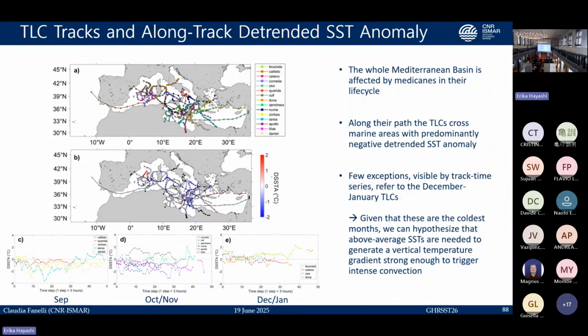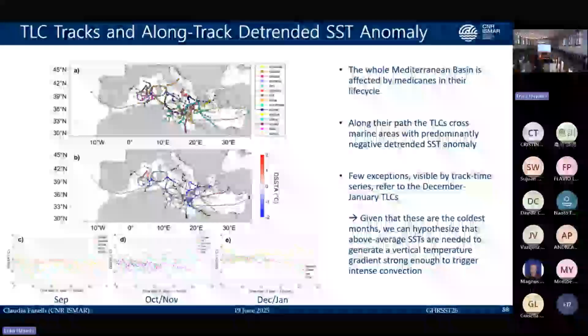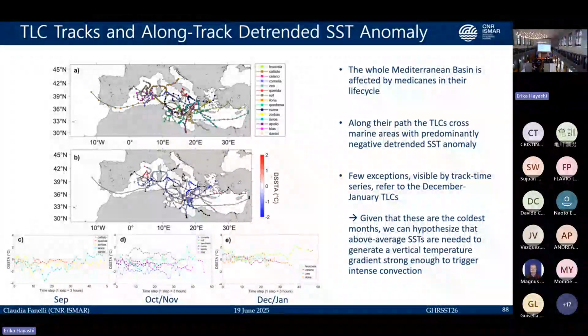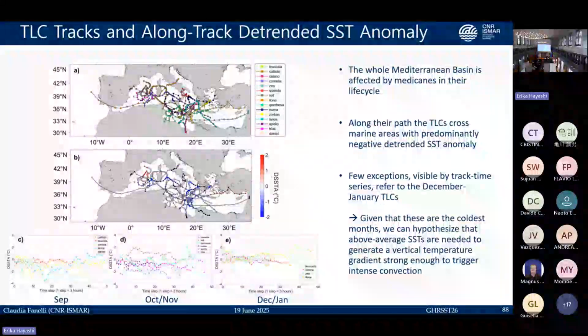We can find a predominantly negative detrended SST anomaly with a few exceptions, which are the winter cases, so December and January. And we think that given that those are the coldest months, an above average SST is needed to generate the vertical temperature gradient, which is strong enough to trigger the intense convection for the medicanes.